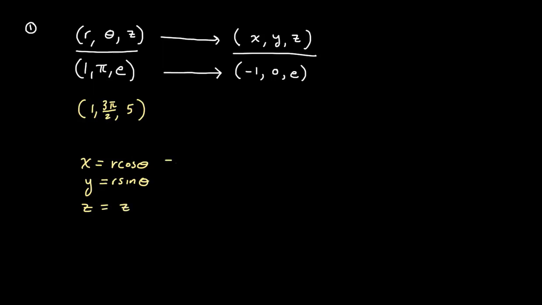And so what do we have? r, which is 1, times the cosine of 3 pi over 2, which equals 0. 1 times the sine of 3 pi over 2, and that's equal to -1, and z is equal to 5. So that cylindrical coordinate converts to 0, -1, 5.